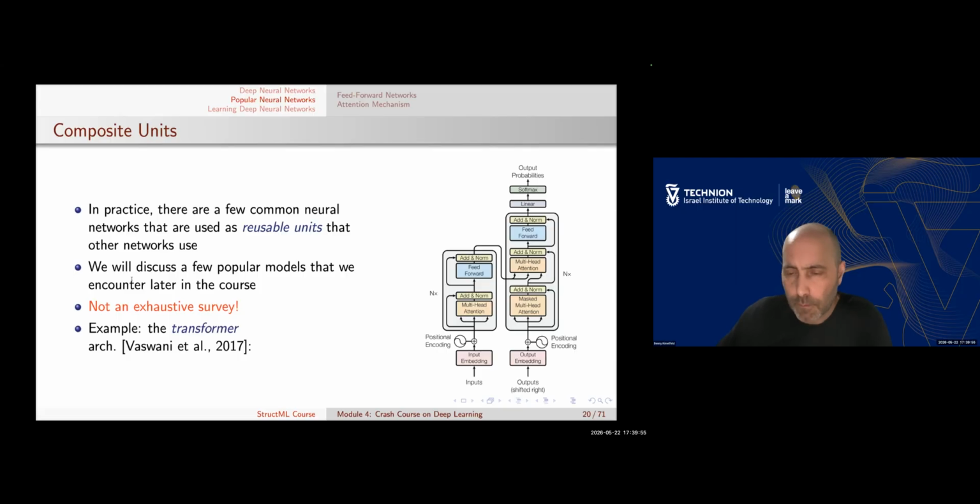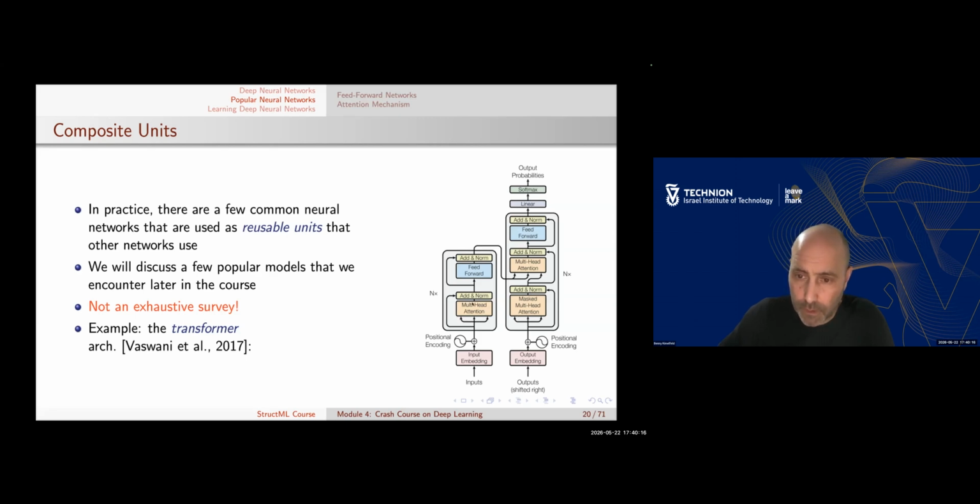Okay, but for example, if you look at the famous transformer, which is used for text, then you can see that it is defined by a combination of these blocks, each being a neural network of its own, a DNN of its own.